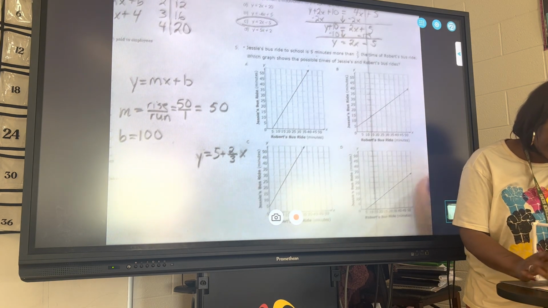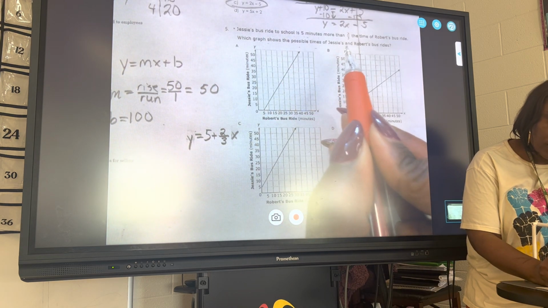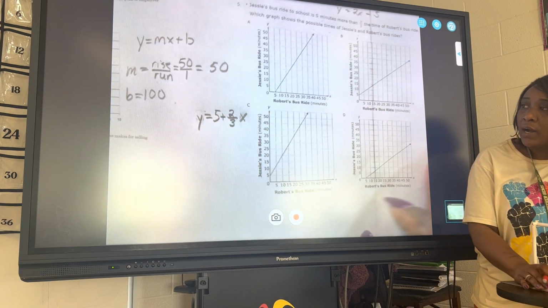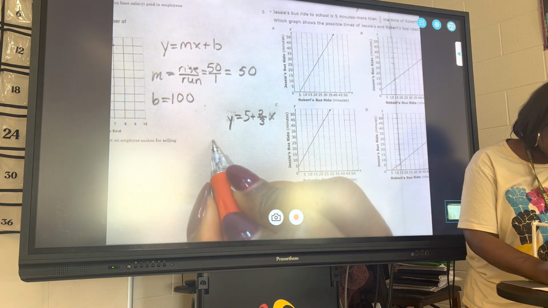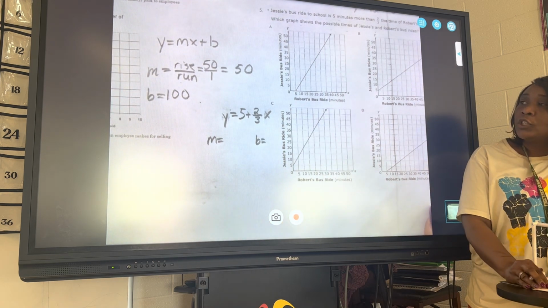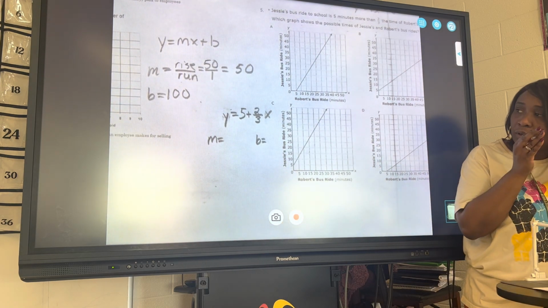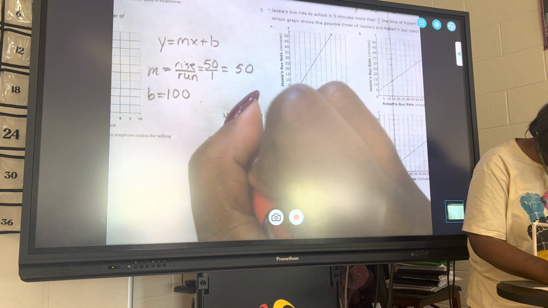Let's look at this. It says which graph shows the possible time for Jesse and Robert's rides. We already wrote the equation. So in order to graph it, we have to identify what m and b are. Which one of those numbers is the slope? 2/3. 2 over 3. That's rise over run, right?